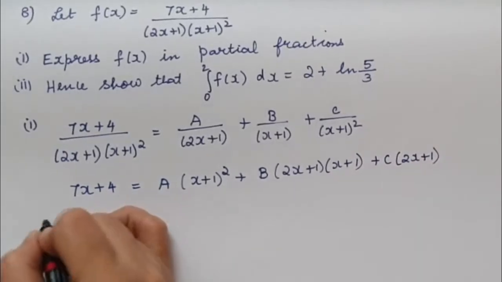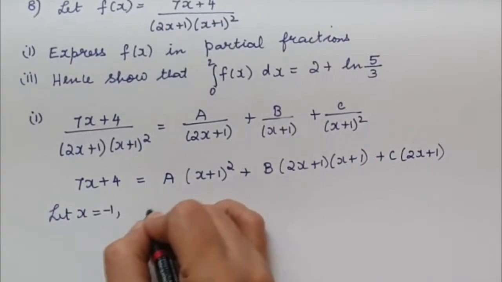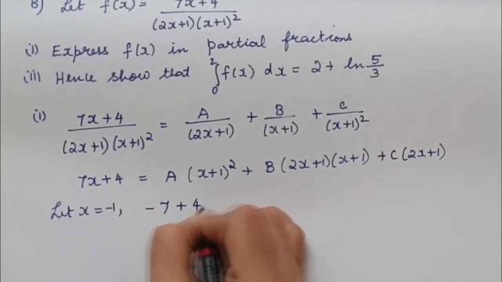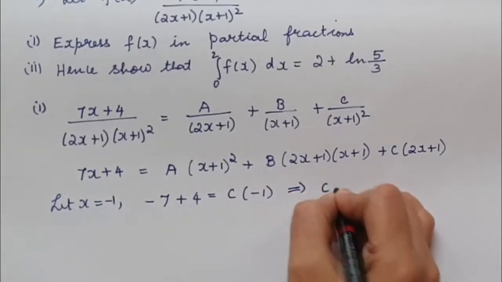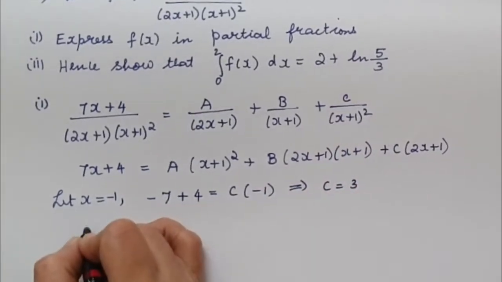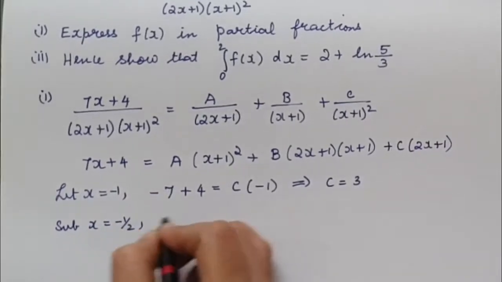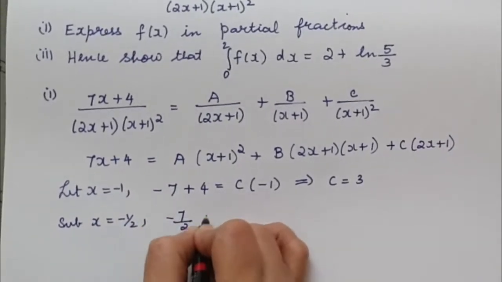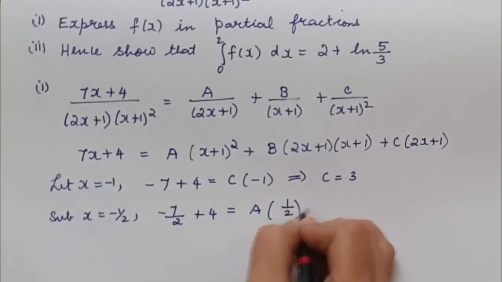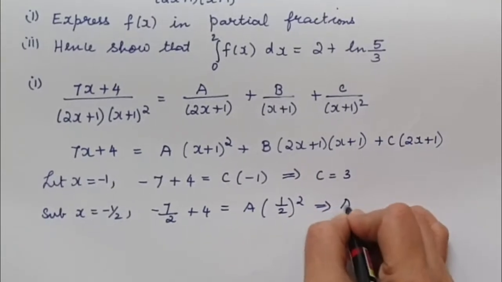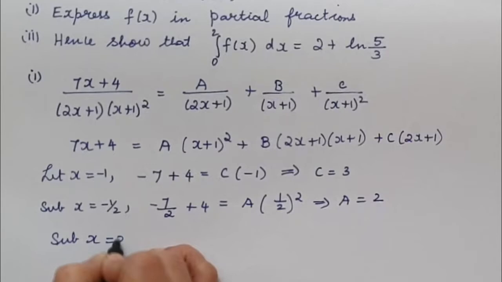So when we do our partial fractions, it will be a into x plus 1 the whole square plus b into 2x plus 1 into x plus 1 plus c into 2x plus 1. Now let us substitute x equal to minus 1. When we substitute x equal to minus 1, it is minus 7 plus 4. That is c into minus 1, which gives us c equal to 3. Now let us substitute x equal to negative half. So when we substitute, it comes as minus 7 over 2 plus 4. That will be equal to a into 1 over 2 the whole square, which implies a will be equal to 2. Now substitute x equal to 0.